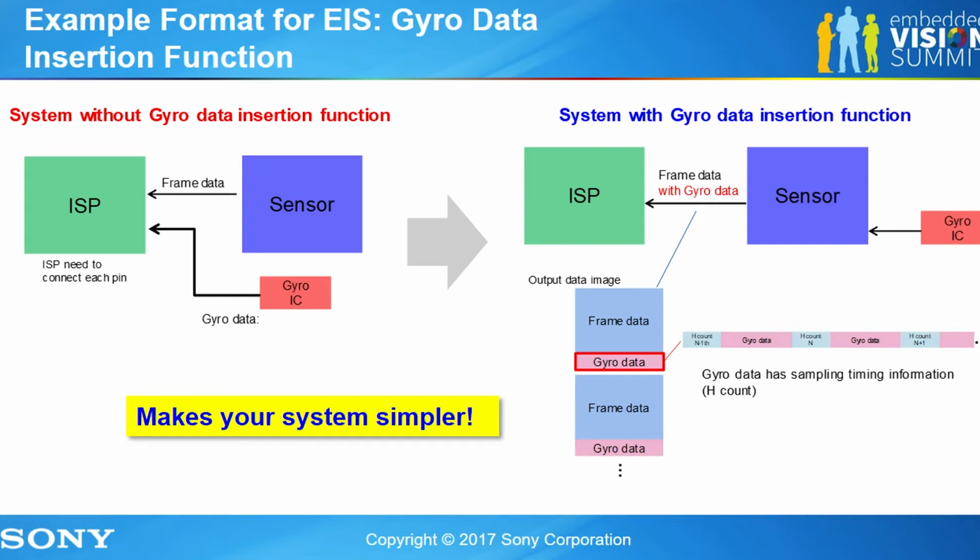On the other hand, we have an option to make your system simpler, as described in the right-hand side picture. Your gyro can be connected to the image sensor, and the gyro data can be embedded between the frames and sent along with the image.